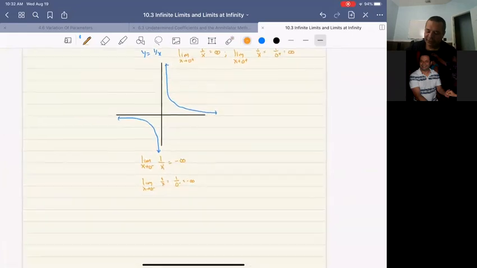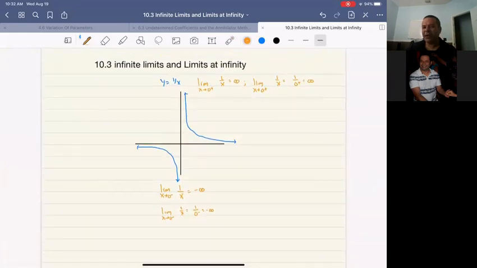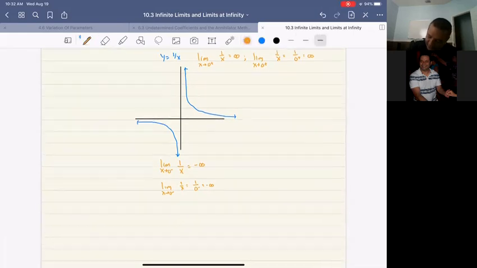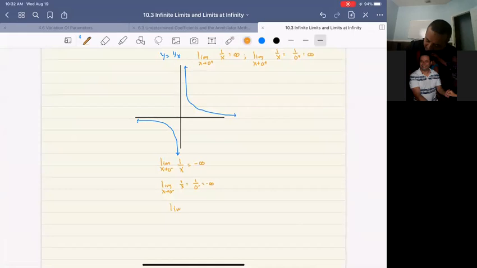Now we have no way of speaking about the limit as x goes to 0. Let me write it here: the limit as x goes to 0 of 1 over x, there's no way to define it. So we're going to say does not exist.